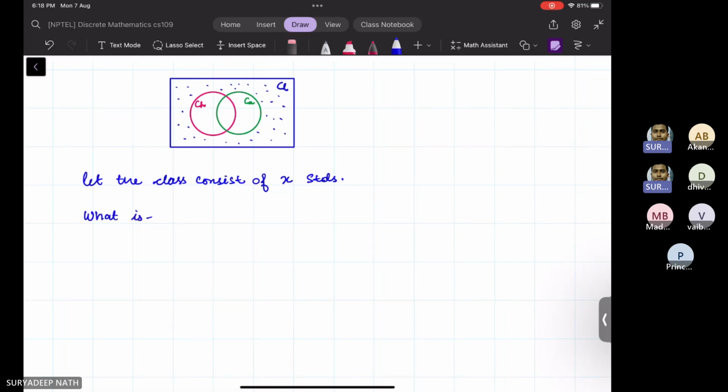What is the number of students that like either chess or carom?